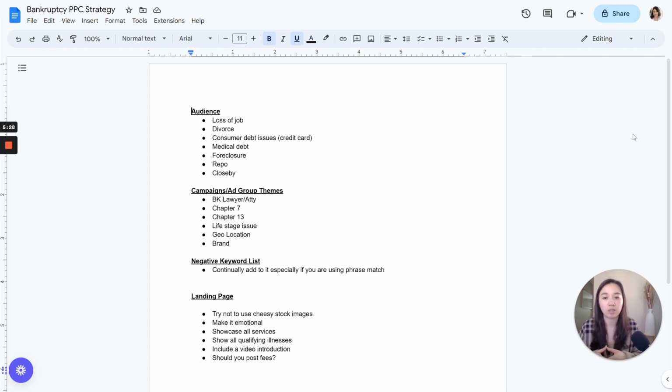It's like people trying to prescribe themselves a medication for something they don't even need. But it's very important to go after these keywords, and also make sure you have a good negative keyword list, because you don't want to be attracting someone looking for Chapter 7 of a Harry Potter or some book, right?